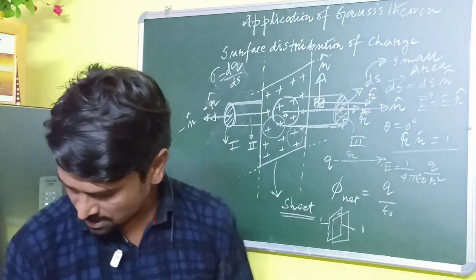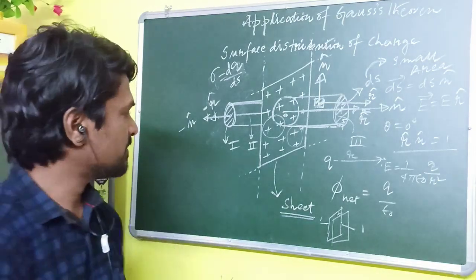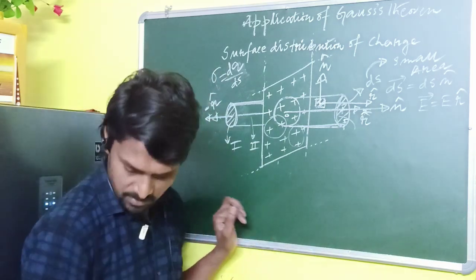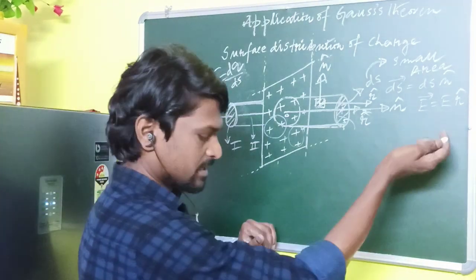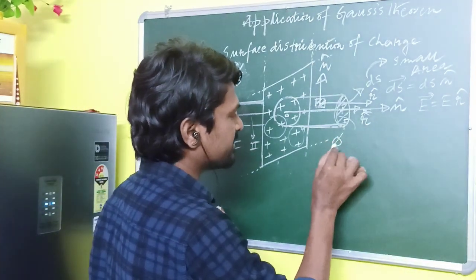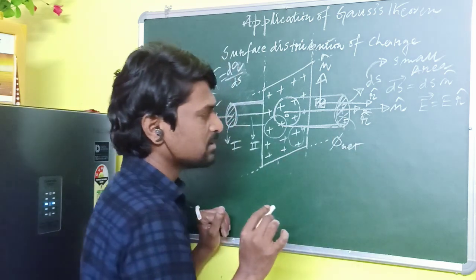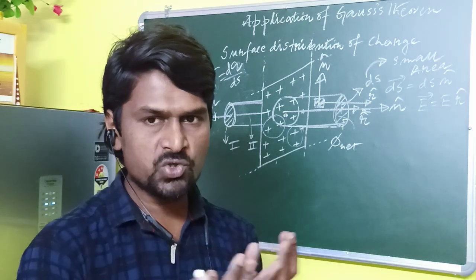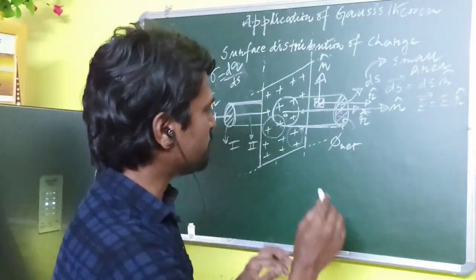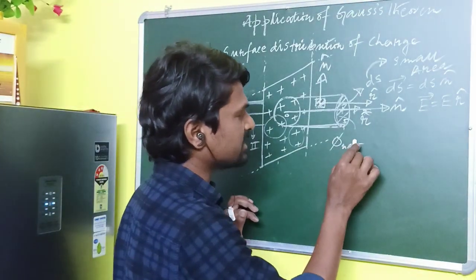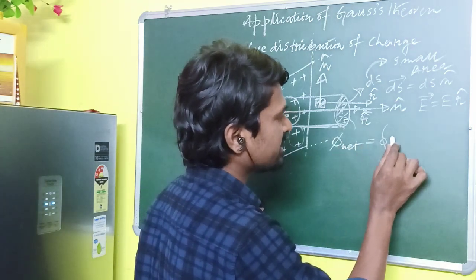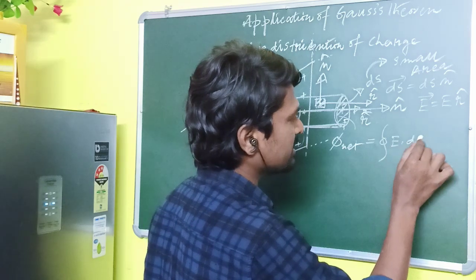Okay, so let's see what Gauss's theorem is, and memorize it again. Phi net means if a charge is contained within a closed surface, then the flux generated, that is the number of electric lines of force, is the closed integration of E dot ds.